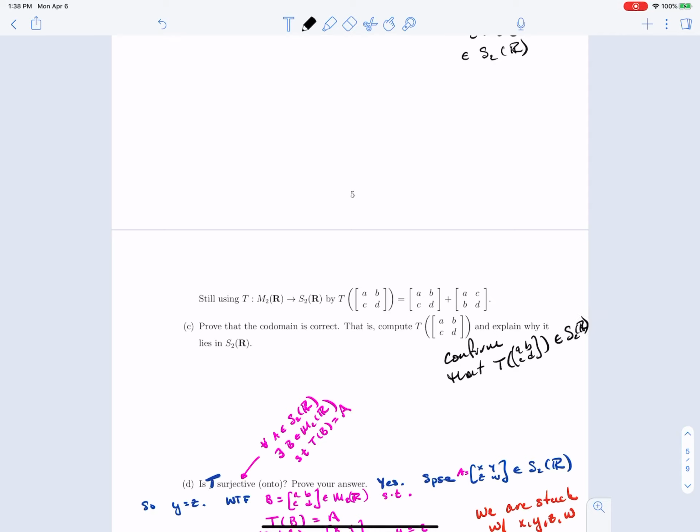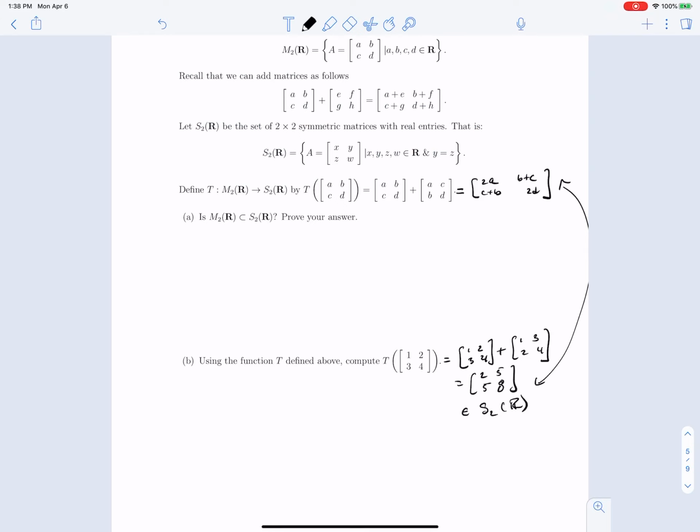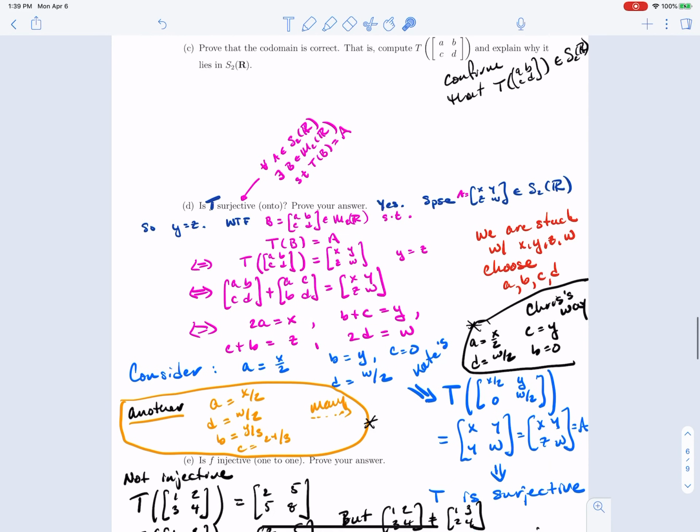So you want to show that the outcome of T has the top right and bottom left symmetric. If we go back over here, it might be helpful for you to use this expression. And what you're justifying is that these two numbers will be the same no matter what A, B, C, D you started with.